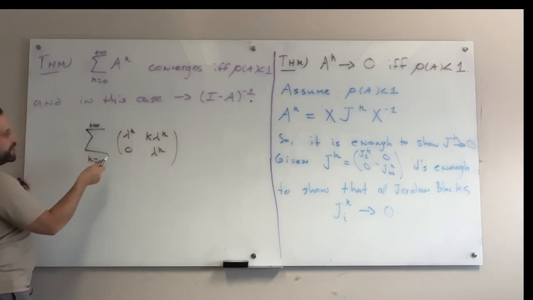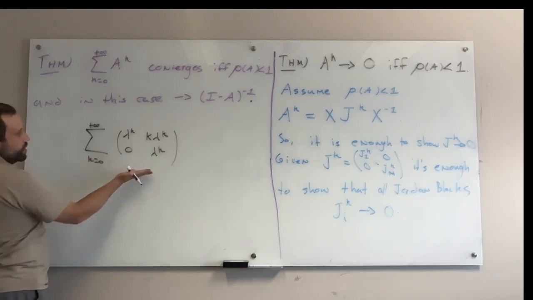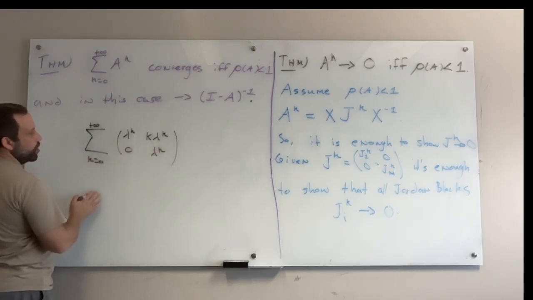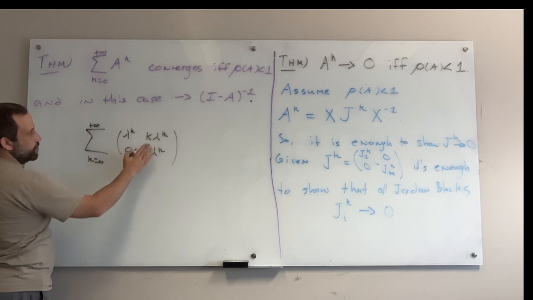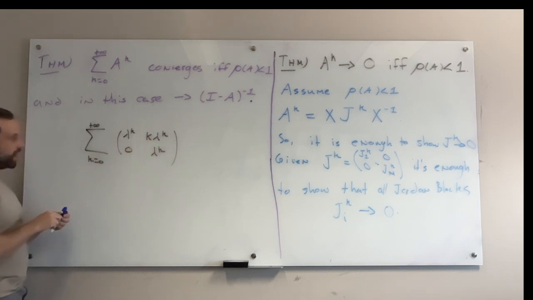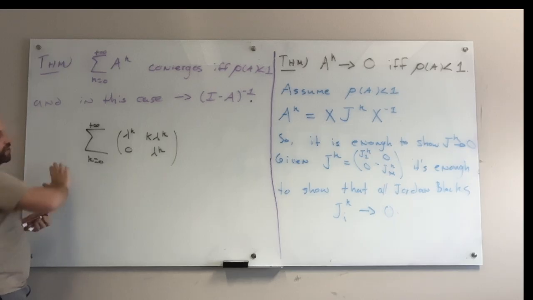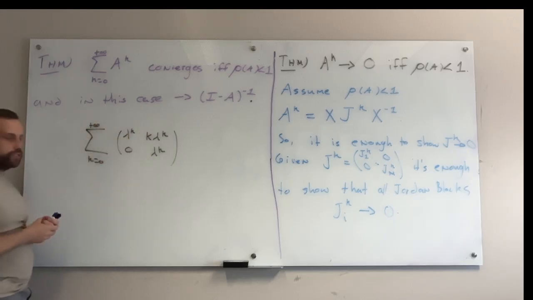And when I sum this up, I'm just summing up each individual term, and each of these terms is going to converge. Lambda to the power of k, that sum converges, and k times lambda to the power of k converges as well, and you can compute even what it converges to.